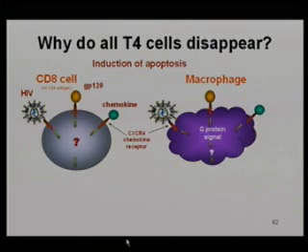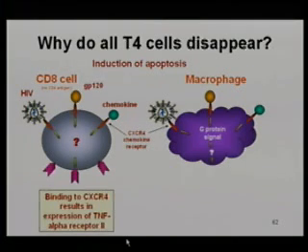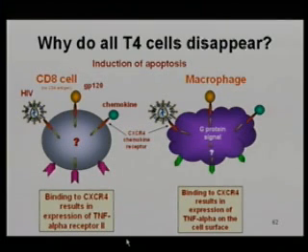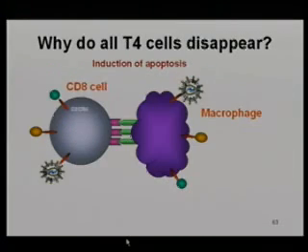When you've got a CD8 cell here, what you get when the virus binds is the production of a thing called TNF-alpha receptor. And I'm not going to ask you questions about this. This is just for interest's sake. In the macrophage, you get the binding of TNF-alpha. So here in the macrophage, you've got the formation of TNF-alpha. Here's the receptor. They get together.